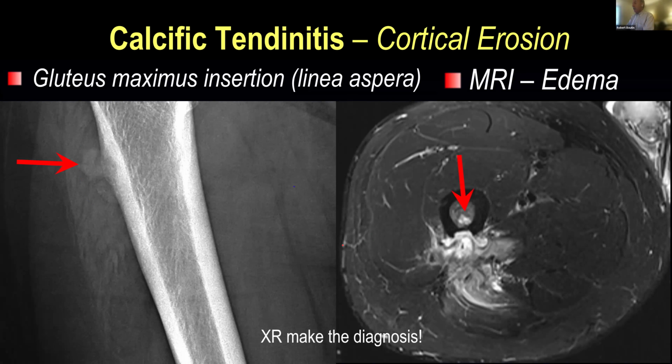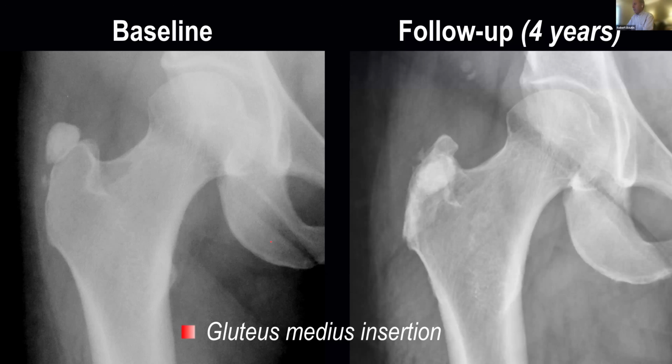Obviously, calcium hydroxyapatite crystal deposition can incite a bunch of edema, causing those symptoms. Here's another example of that shown with radiographs, this time superficial to the greater trochanter at the gluteus medius insertion. Again, this amorphous calcification. Follow-up 4 years later shows that the calcification is penetrating the bone.